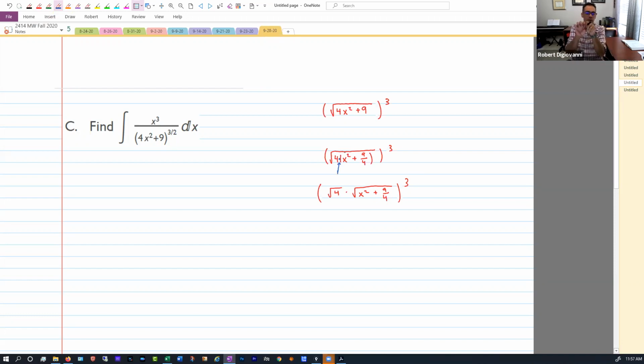And when you have a product under a root, you can split it into 2 square roots. So I did that. And now I can apply the cubed to each of these. So this becomes, well, the square root of 4 is 2, so this becomes 2 cubed times, I don't like writing it that way. Let me write it this way.